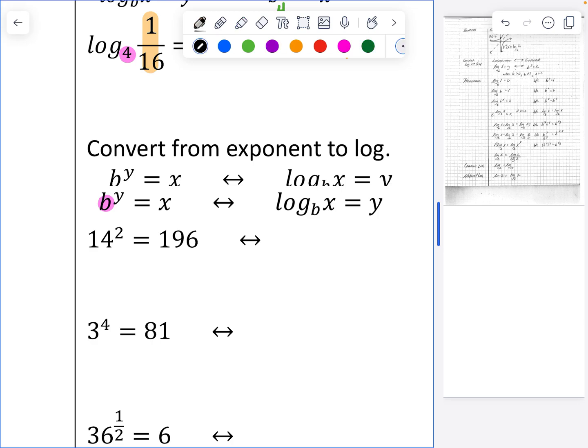So that means we are going to write log whose base is 14, of 196, is going to equal a power of 2, is going to equal 2.